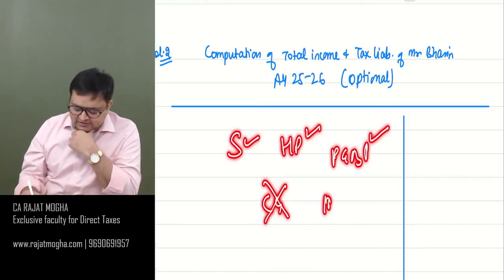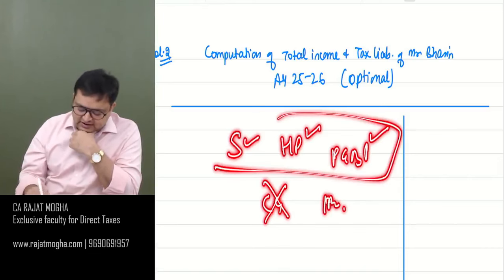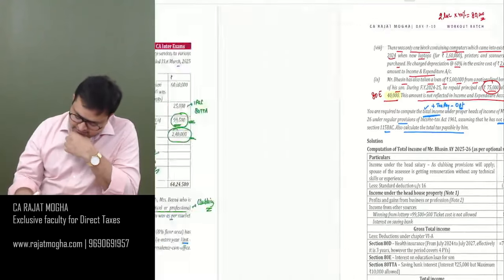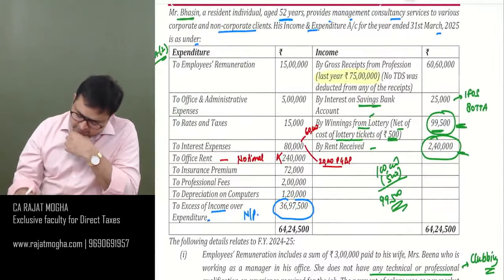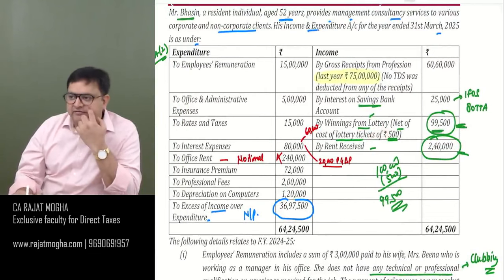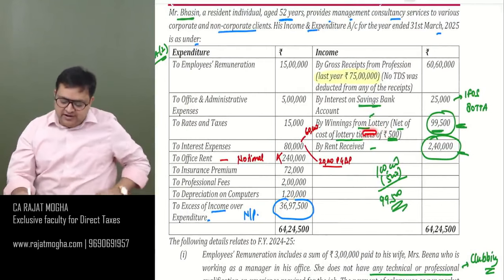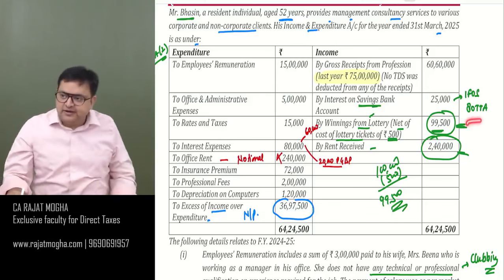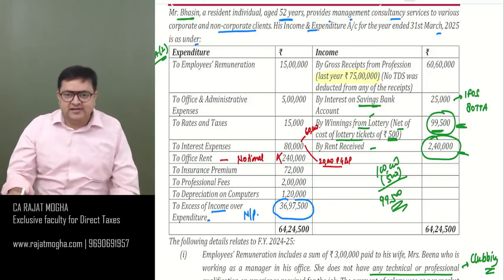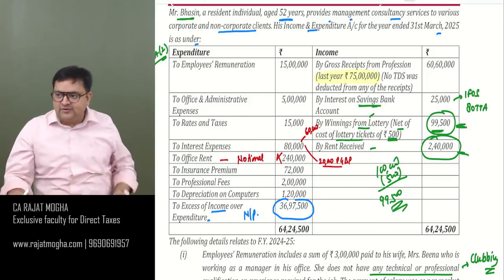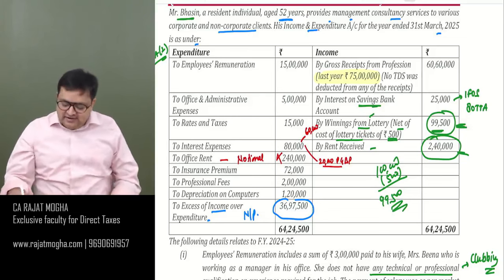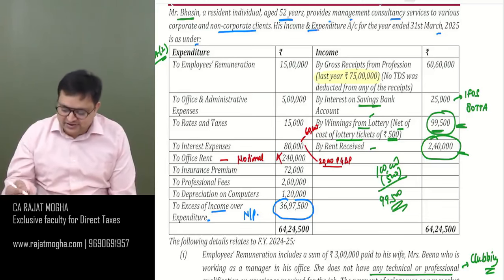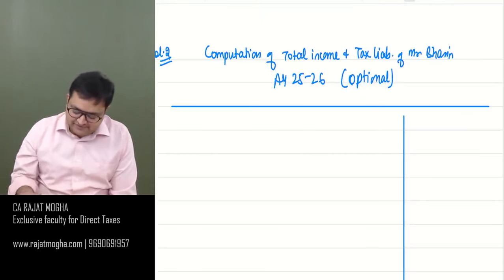IFOS income was there. Winning from lottery, etc. was there. Winning from lottery, interest on saving account was also there. So 80TTA is also there. 80C is also there. 80E is also there. So let us find out. Okay, lottery and interest on saving. So we have all except capital gain. Correct, Darshni.